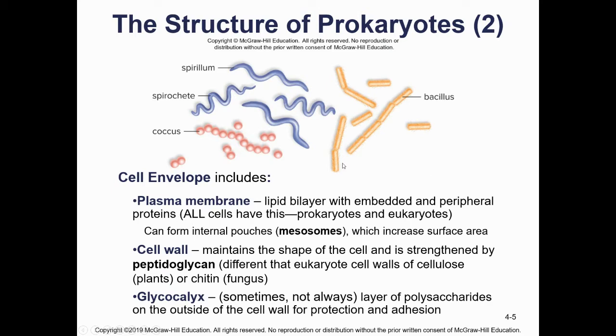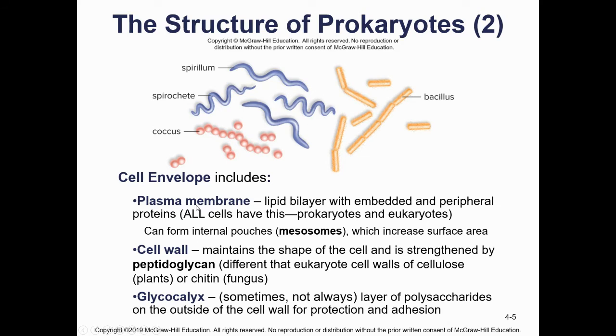The cell envelope, or the thing that separates the inside of any cell from the outside, called the cell envelope, the plasma membrane, is the primary one. All cells have a plasma membrane. This is a phospholipid bilayer. Remember our phospholipids, that phospholipid bilayer with embedded proteins.